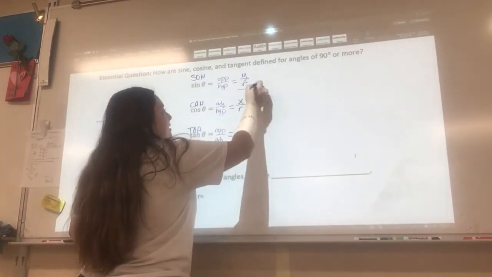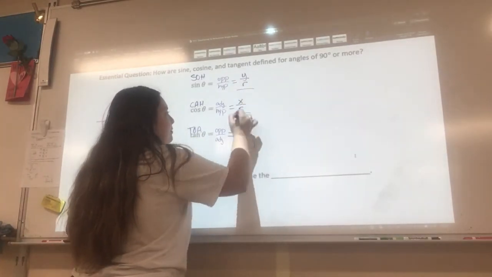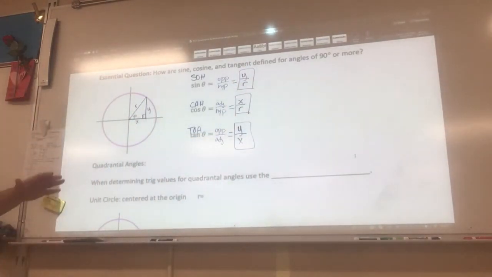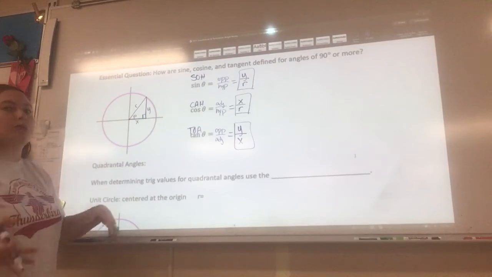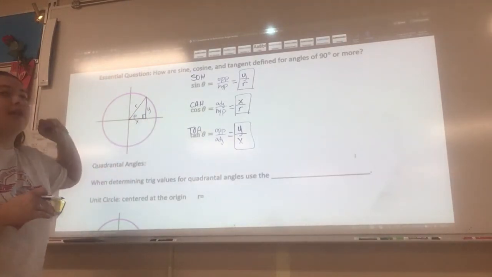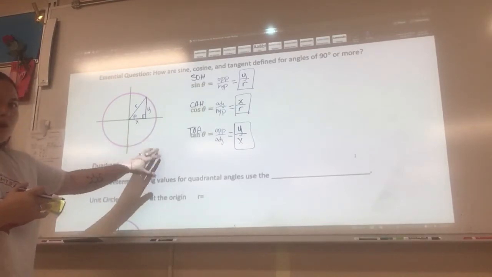So you do need to start understanding these because this is how you're going to start to get answers based off of the reference angle, which we'll talk more about, and it allows you to see how we solve a unit circle. These are important.